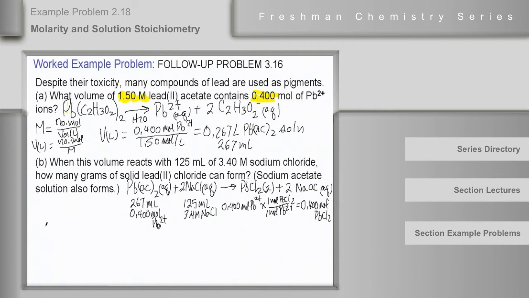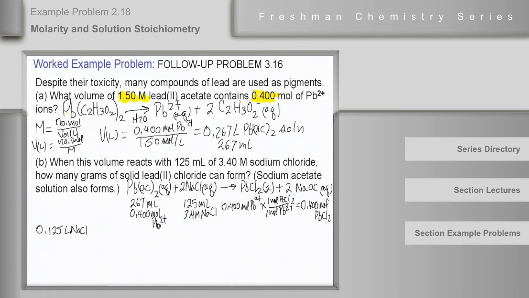Now, to figure out how much you could get from the sodium chloride, assuming you have an excess of lead II acetate, it takes a little bit more calculation. First of all, it's 125 milliliters of this solution, so that's 0.125 liters of NaCl.